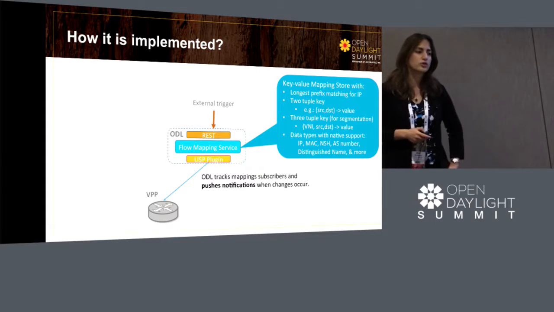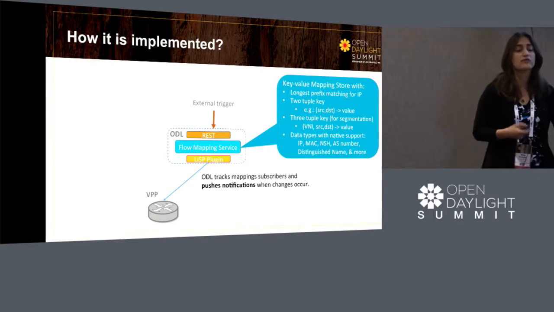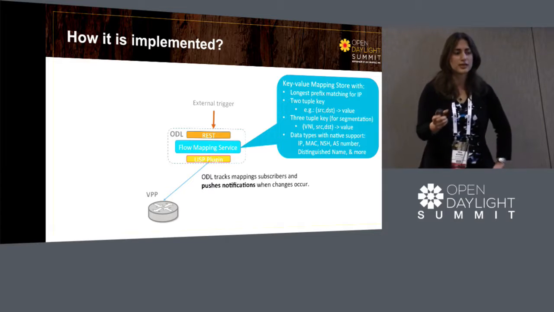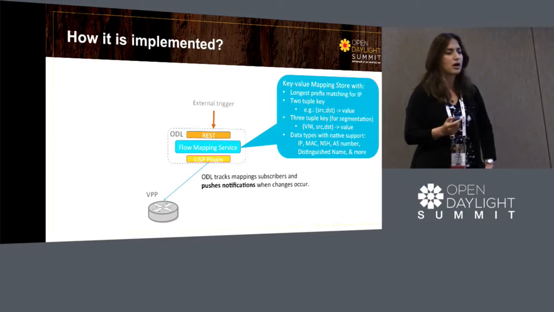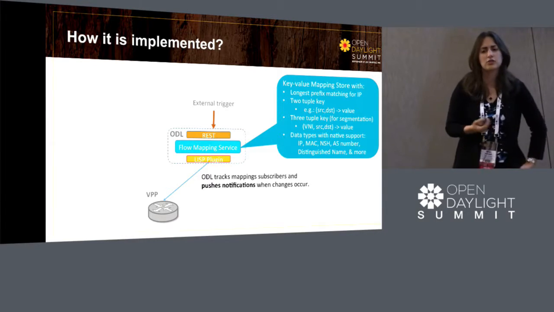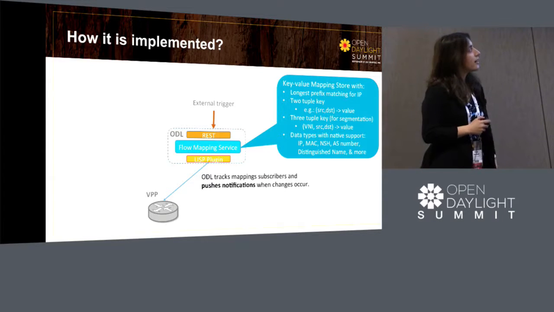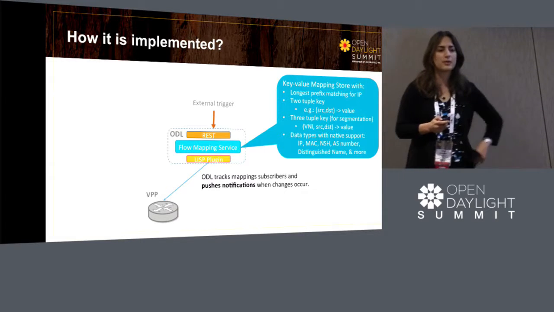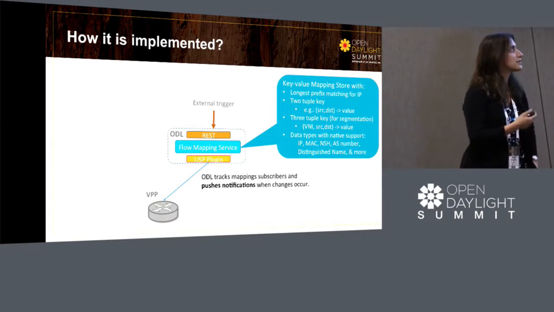Then the mapping service supports two-tuple keys. So you can define the keys for overlay addresses based on source and destination. And we saw an example of that earlier in the mock scenario that we were going through. And the source and destination can be IP, MAC, or any other kinds of the data type that we support. And also there's support for three-tuple mappings to support multi-tenancy and segmentation.